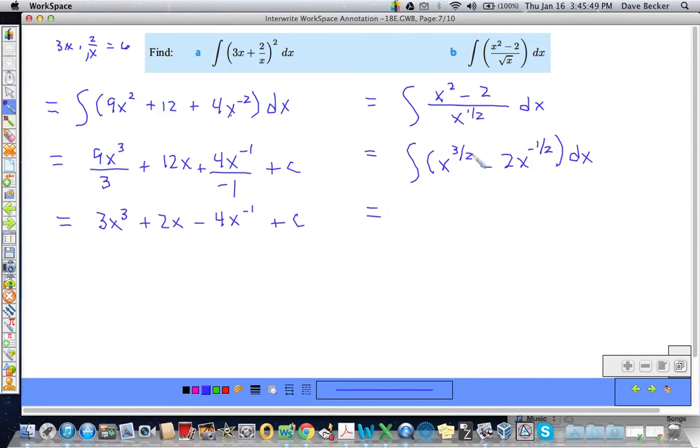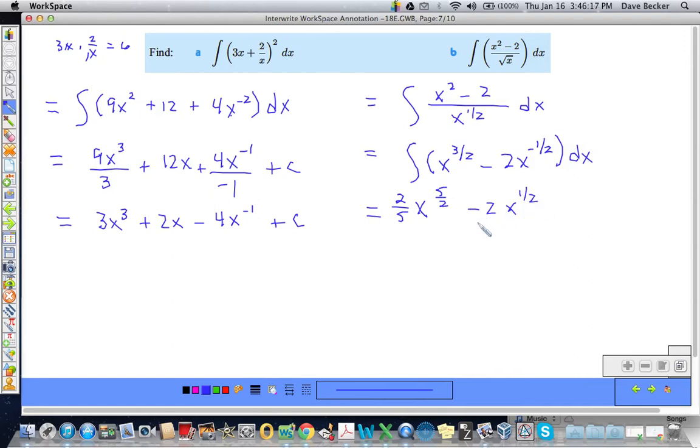I'm going to add 1 here, so that would be x to the 5/2. And I would really like you to, instead of writing over 5/2, I'd like you to immediately recognize if I'm going to divide by 5/2, that's the equivalent of multiplying by 2/5. Then I don't have to take that extra step. Minus 2. So if I am going to add 1, that becomes x to the 1/2.